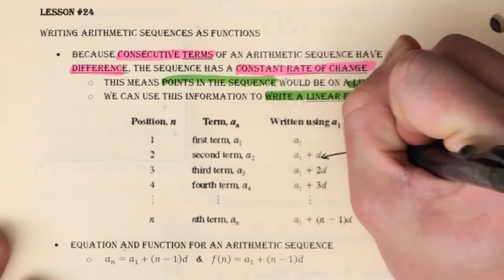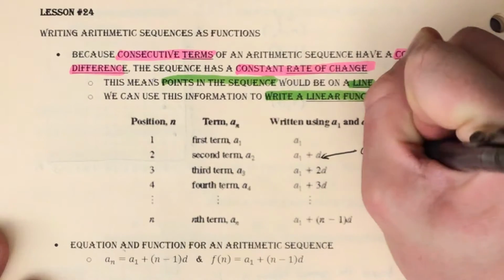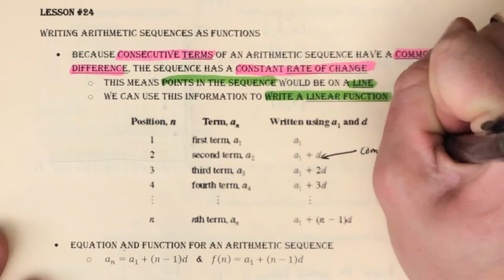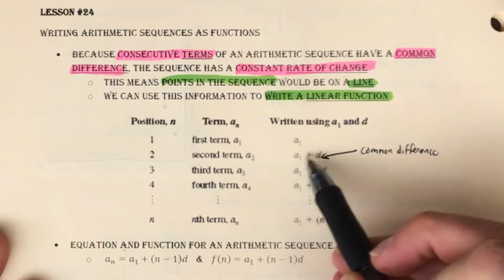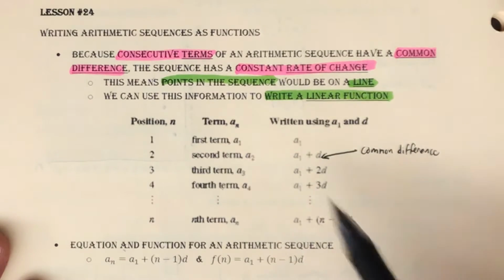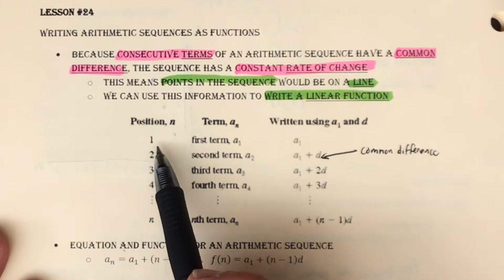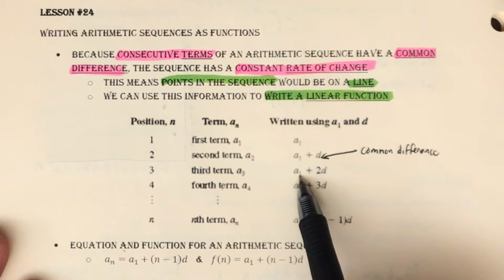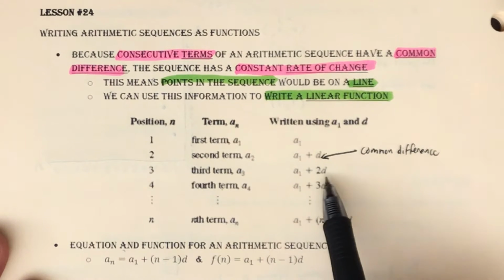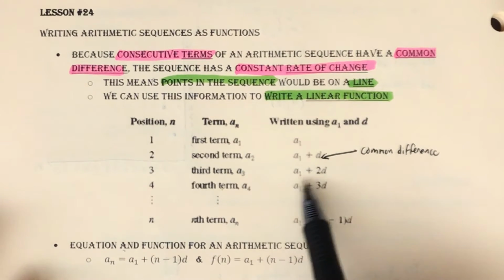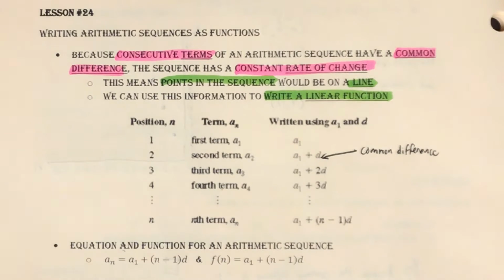If we know the first term, we can add the common difference and figure out the second term. Same idea here: if we know the first term, we can add the common difference multiplied by 2 and figure out the third term, and so on, all the way down the line.